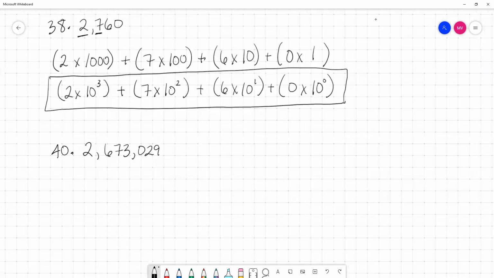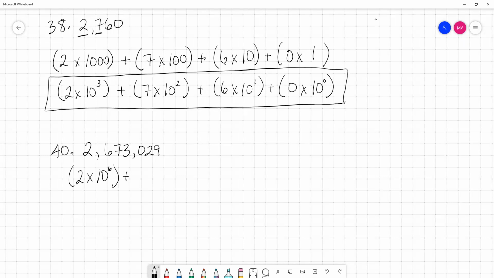All right, so 2 times 10 to the power of 6, because you have 1, 2, 3, 4, 5, 6 zeros. So that's 2 times 1,000,000, which has 6 zeros.